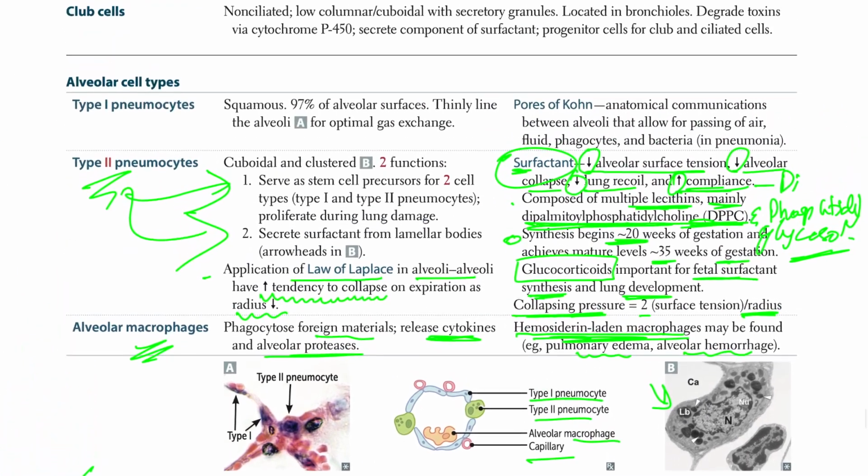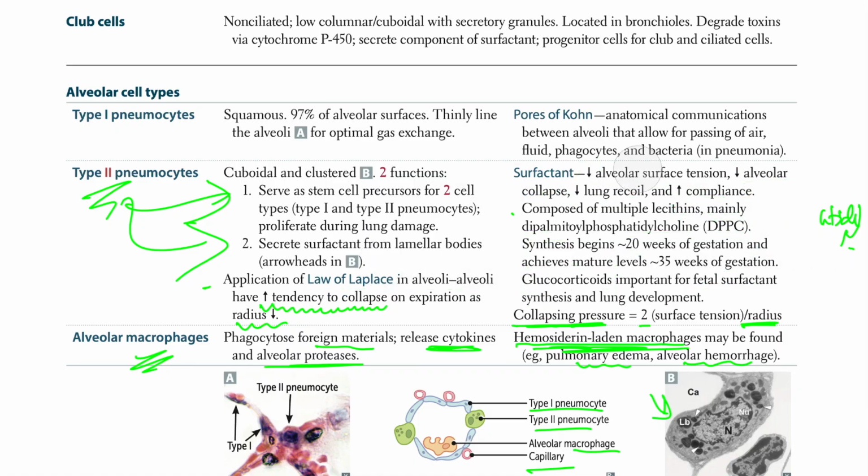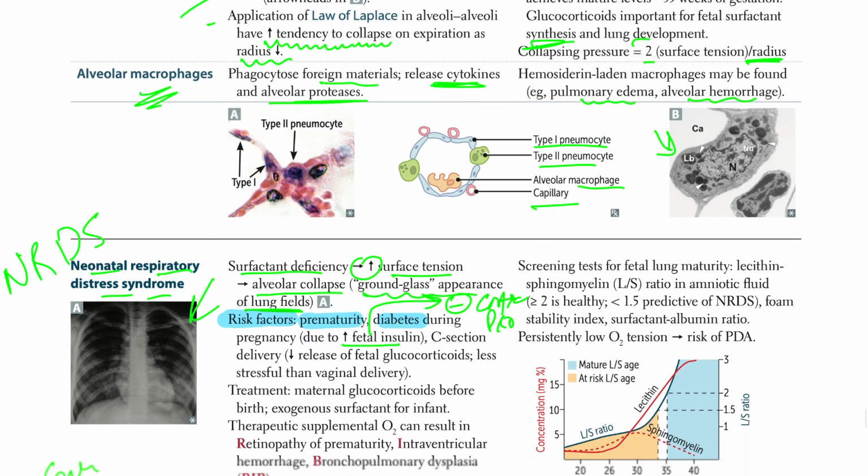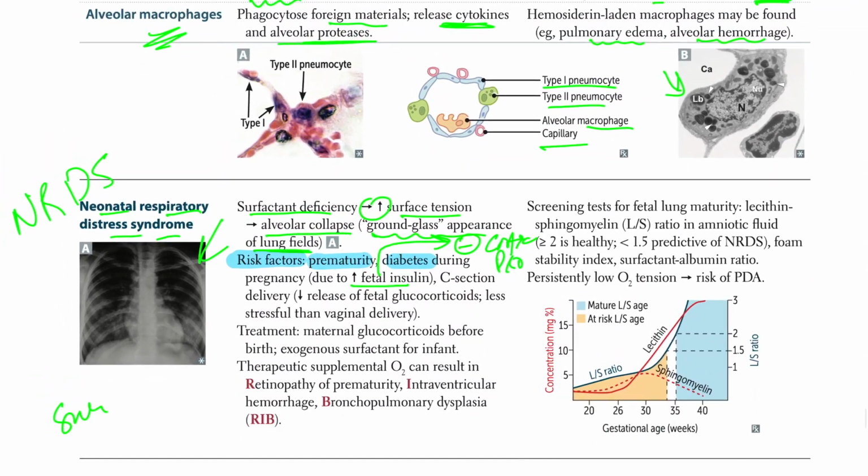If you go back here, it says right here that the glucocorticoids are important for fetal surfactant synthesis, right? And since you don't have that anymore because you have a lot of insulin from the diabetic mother, that insulin is going to hit your corticosteroid production, and hence you're going to go into NRDS.